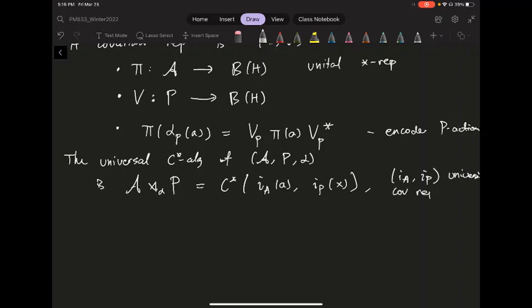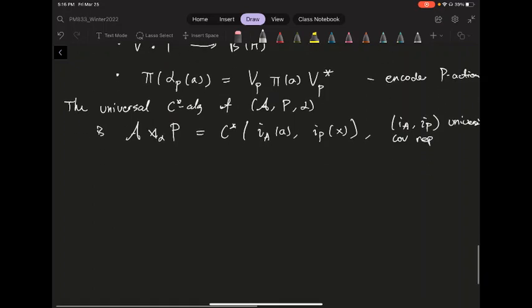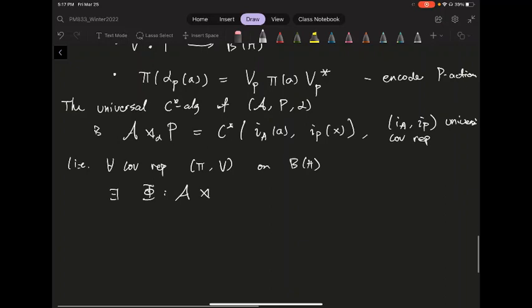So here I A, I P is a universal covariant representation. By universal, it really means that for every covariant representation pi, V onto some B of H, you can always find, by the universal property, a homomorphism from your universal object to this B of H that maps things to what you expect.